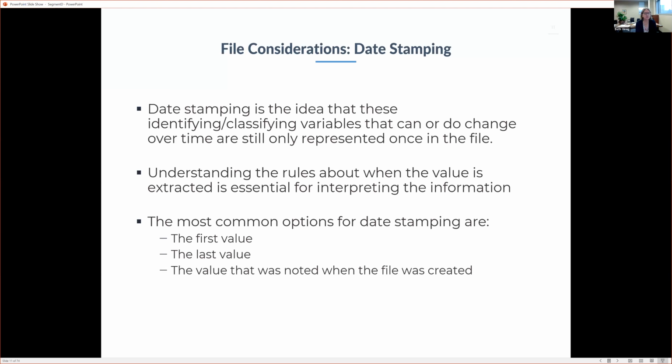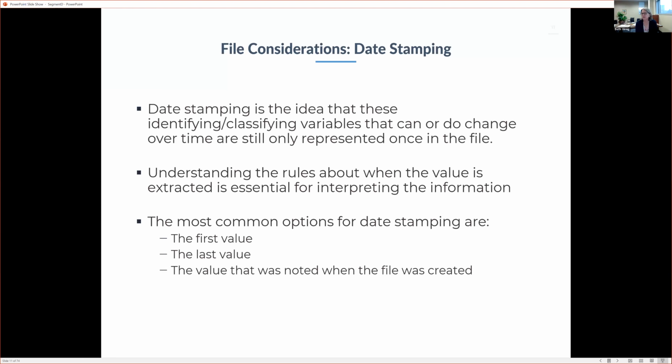And so when you look at date values, or values for residency or benefits, you've got to ask, what is the time frame this covers, and how can I know? And if I'm getting conflicting information, is it that my information is inconsistent, or is it that they're applying to different points in time? With date stamps, the most common options are the first value in a calendar year or the last value. And it used to be, in the 90s in particular, through the early 2000s, that the value for the denominator file was frequently the value noted when the file was created.